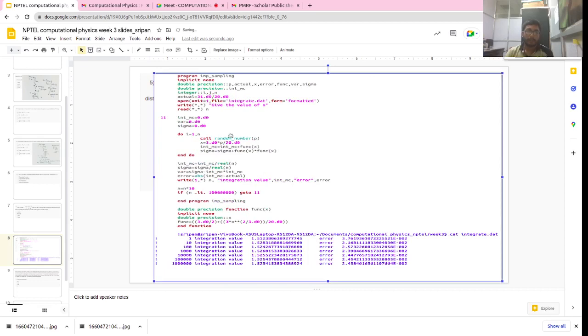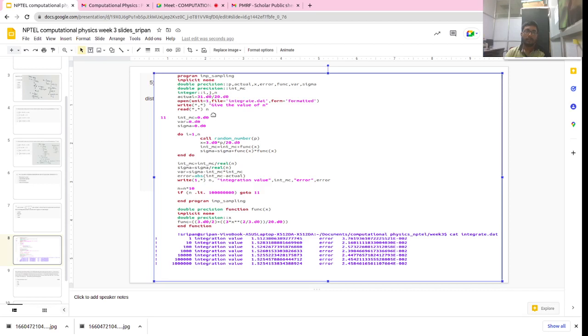So let's say you have a program, and as before I define the type of all the elements used in this program, and then I get the actual value of this integration analytically. That will be around 31 by 20. You can do that by yourself also.